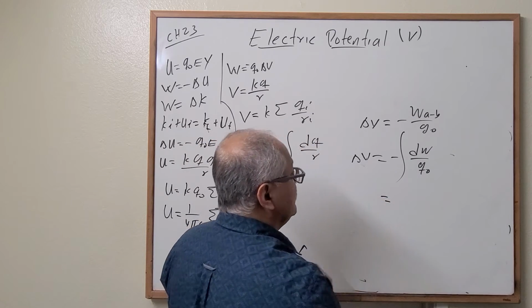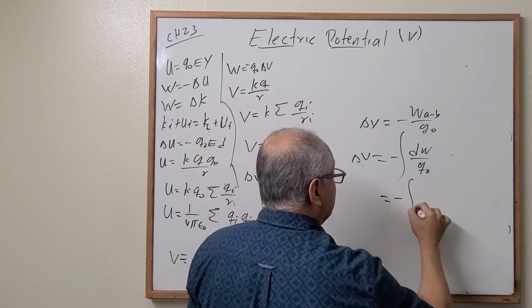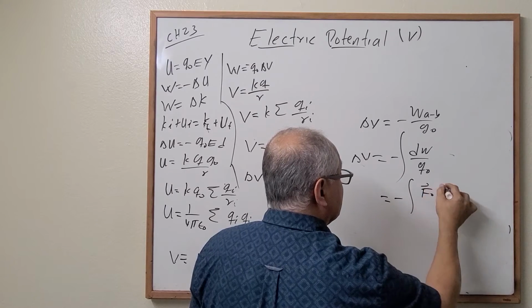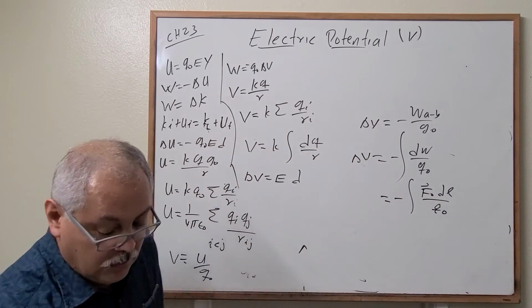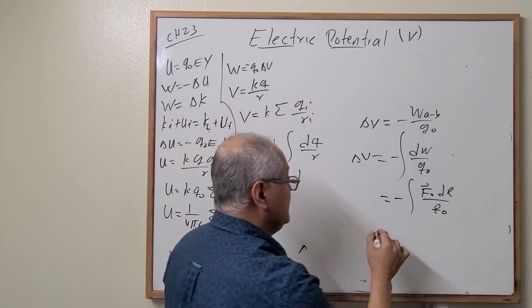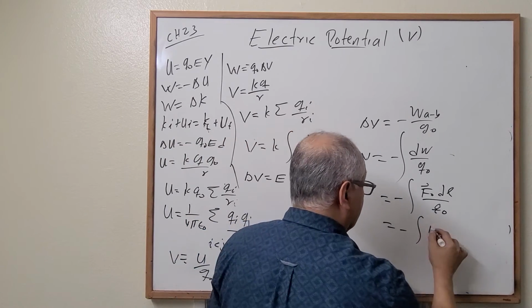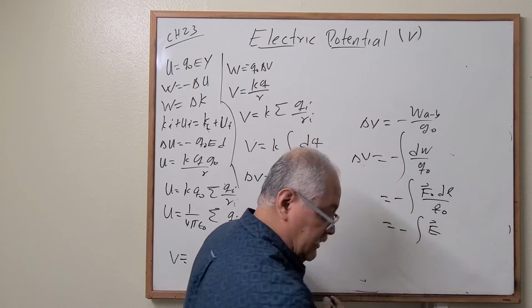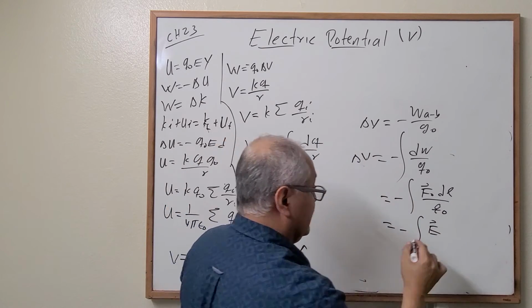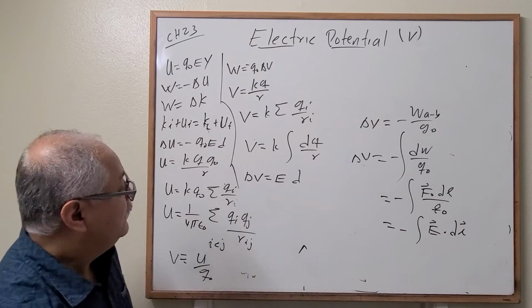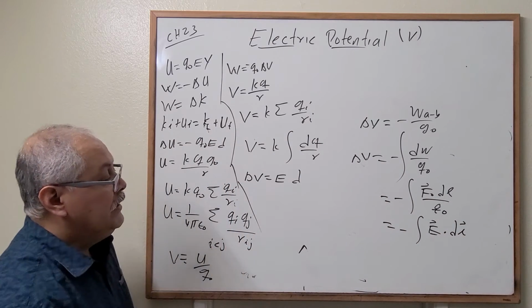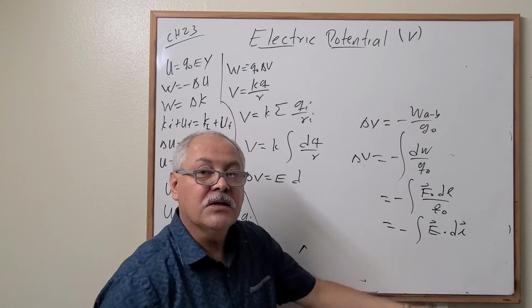This is equal to negative the integral of F dot dl over Q naught. But what is this? This is equal to negative the integral of this dot product times dl. This is the case when the electric field is not constant in general.